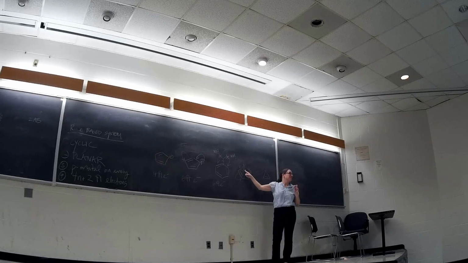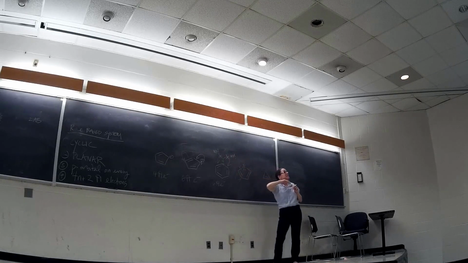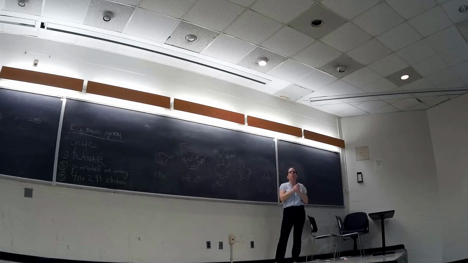Diagrammatically, it works. So if an electron pair is outside of the ring in a heterocyclic system, it is not part of the p orbital system, whereas when it's inside, it is. Generally what we see.